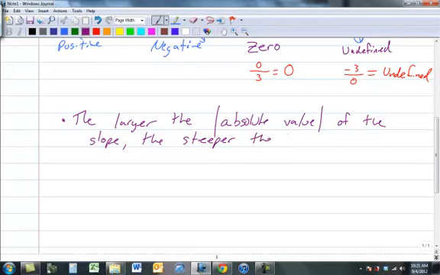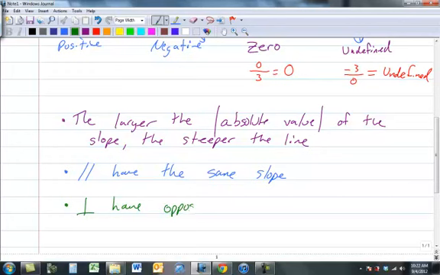Parallel lines, as you should remember from geometry, have the same slope. And perpendicular lines have, anybody remember? Opposite reciprocal slopes.